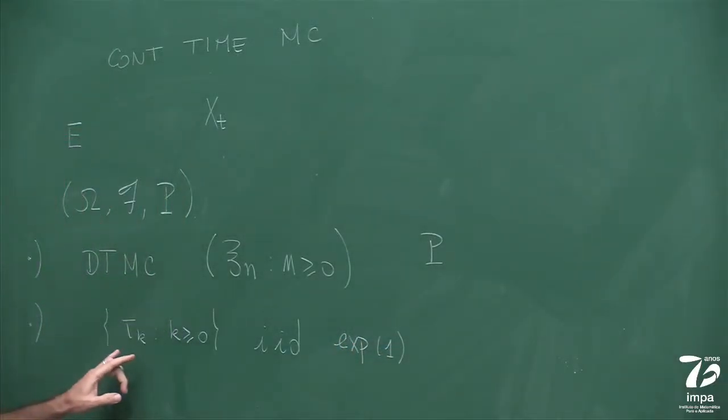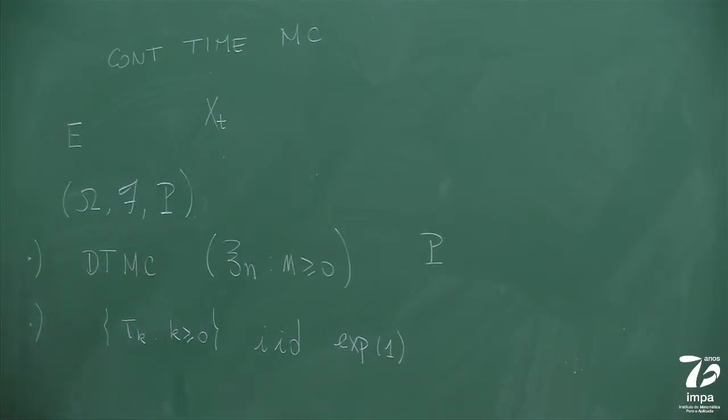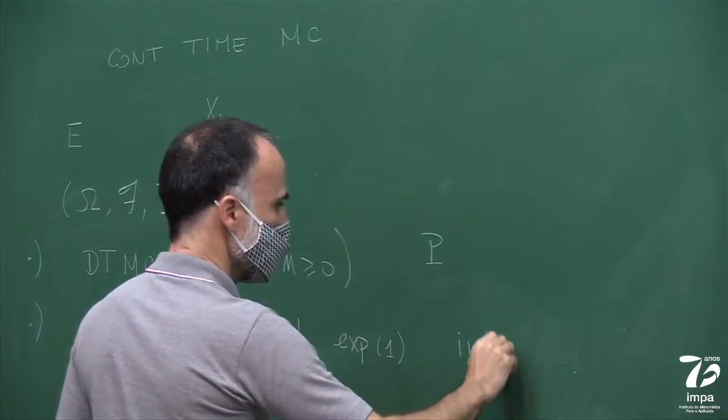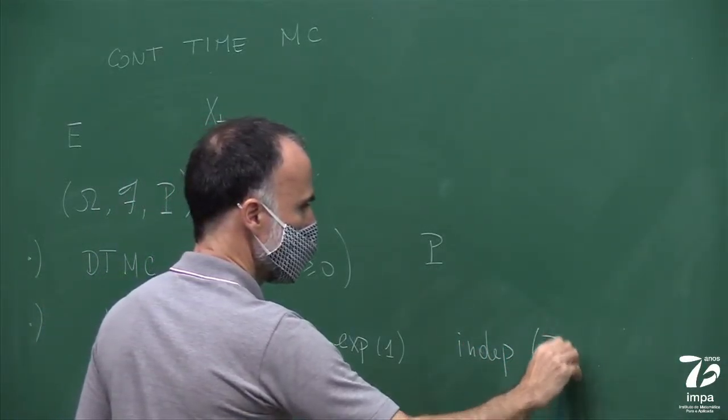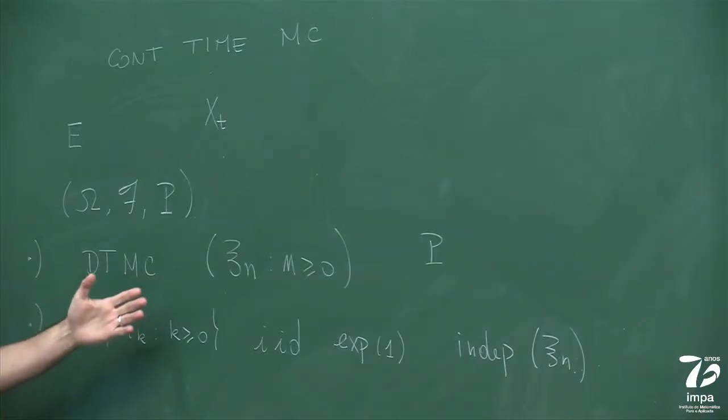And this sequence of random variables is independent from the Markov chain. Right, so I'm assuming that there is this space in which I have this Markov chain, discrete time, and I have these times.